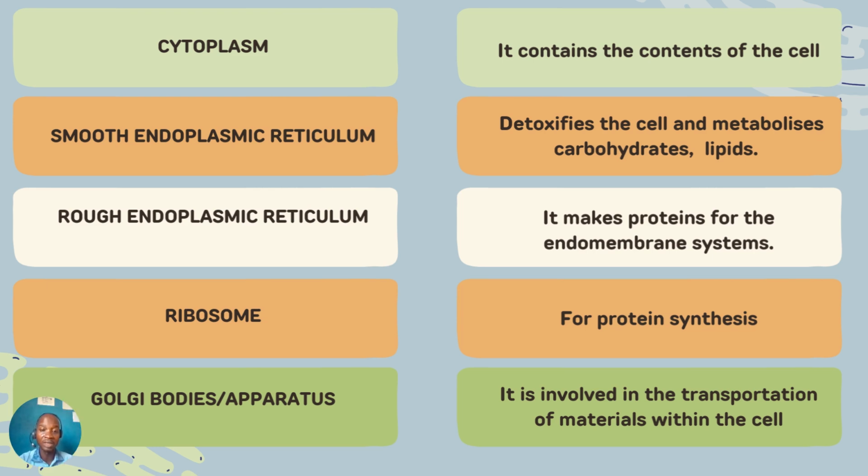What does it do? It makes protein for the endomembrane systems. Now, the ribosomes, which are those dots, are for protein synthesis. Remember, they are produced in the nucleolus. Golgi bodies, some textbooks call them Golgi apparatus. It is involved in the transportation of materials within the cell.